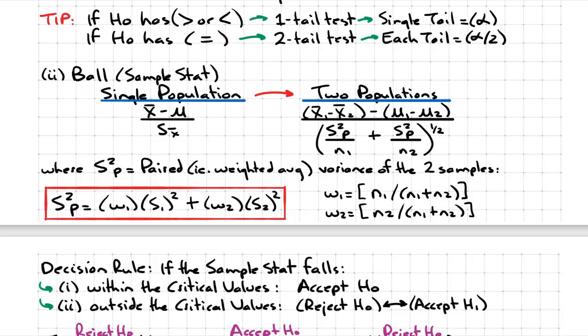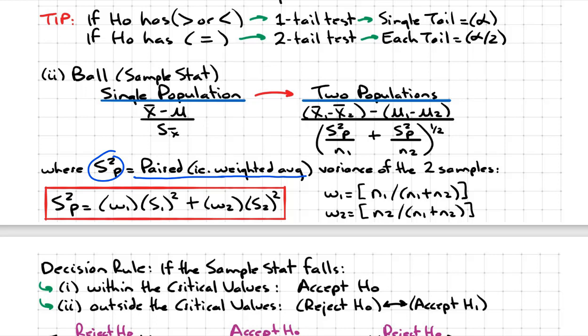So then what we're going to do is use what's called a pooled variance, which in effect is the weighted average variance of the two samples. And that kind of makes sense, ladies and gentlemen, because if the assumption is that the two populations have the same variance, then we should just use one variance for both samples.